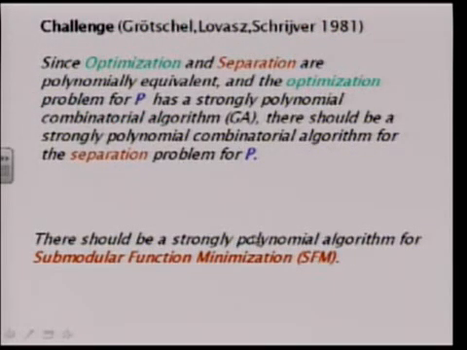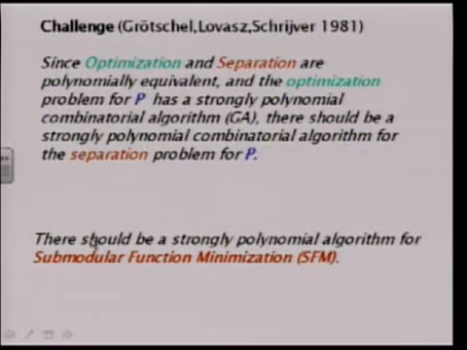So now let's formalize this discussion by saying that if the optimization problem and the separation problem are polynomially equivalent, then the optimization problem for this polyhedron should have a strongly polynomial combinatorial algorithm, if there is a strongly polynomial combinatorial algorithm that can solve the separation problem.